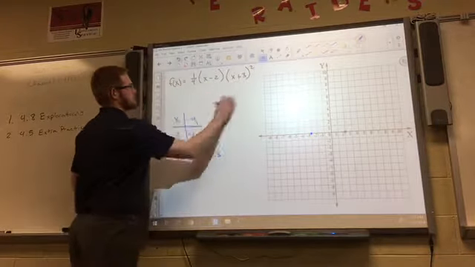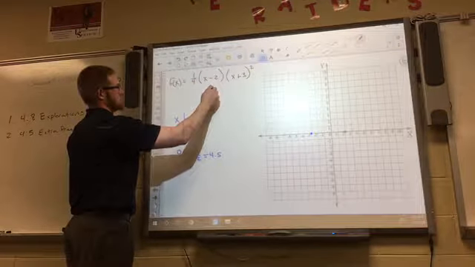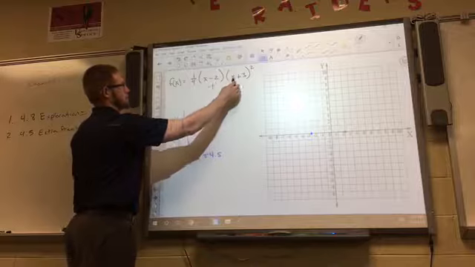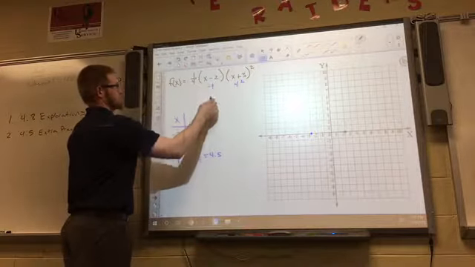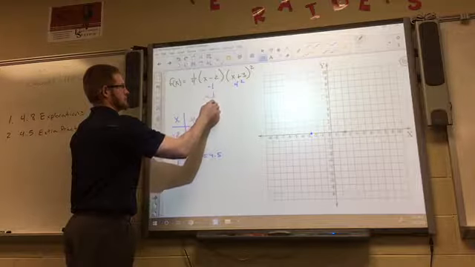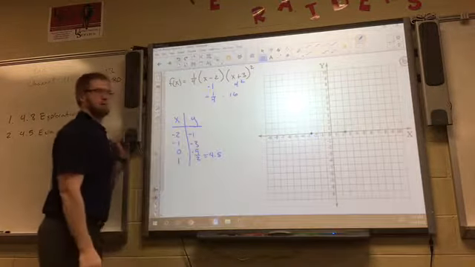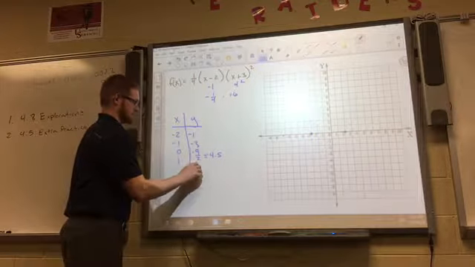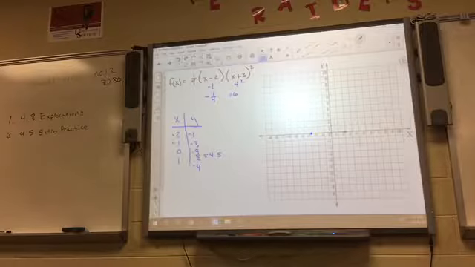And last one, 1 minus 2, negative 1, 1 plus 3, 4. 1/4 times negative 1, negative 1/4 times 16, negative 4. Again, you're probably not going to have to do all those points on yours. You're just going to have to find a few that work and the other graphs it won't work in.